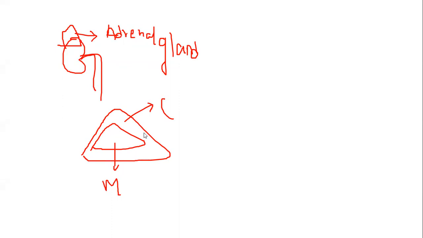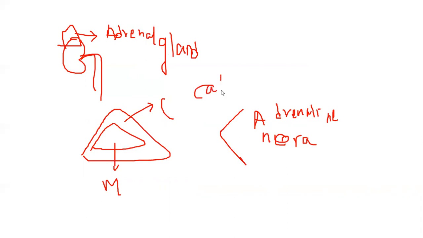This adrenal medulla secretes hormones called adrenaline as well as noradrenaline. Adrenaline is also called epinephrine, and noradrenaline is also called norepinephrine. These both together are called catecholamines. What are they called? Catecholamines.